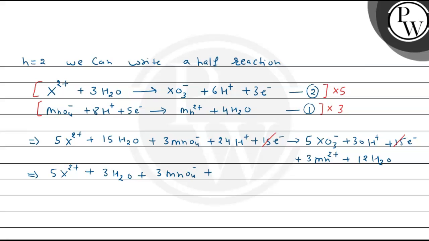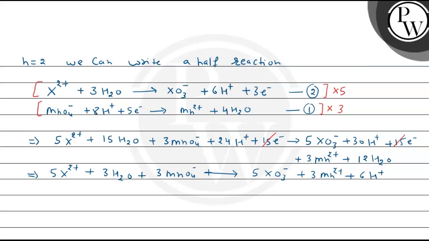The 24 H positive on the left will cancel out with the 30 H positive, and the remaining 6 H positive will be found on the right hand side. So we are writing here 5XO3 negative plus 3Mn2 positive plus 6H positive. So this is the final equation of our question.